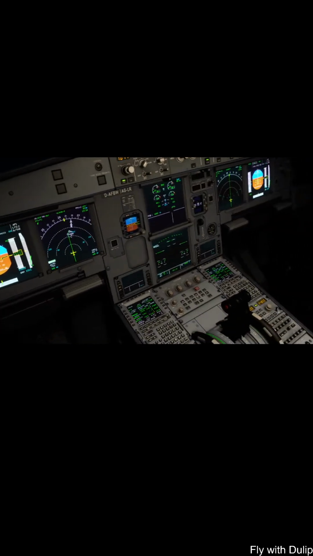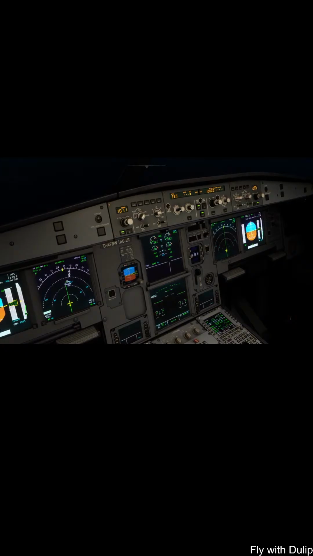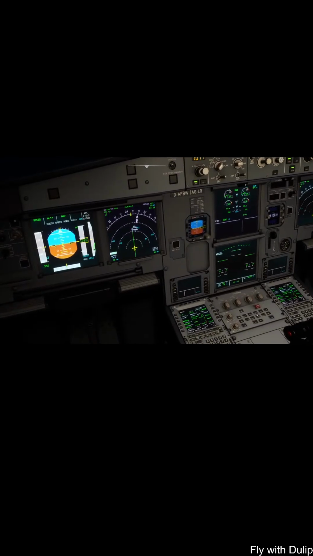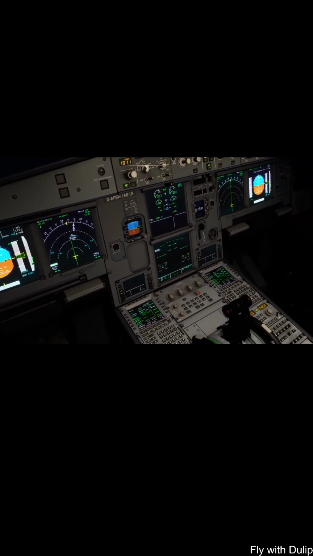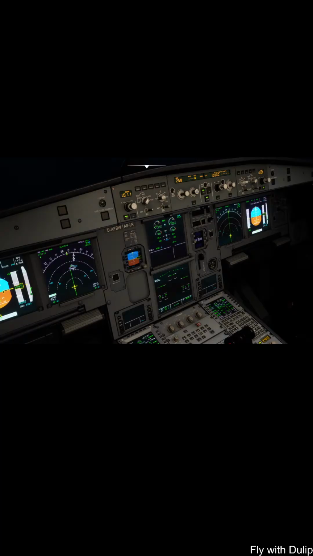Request level changes en route, squawk 7400.